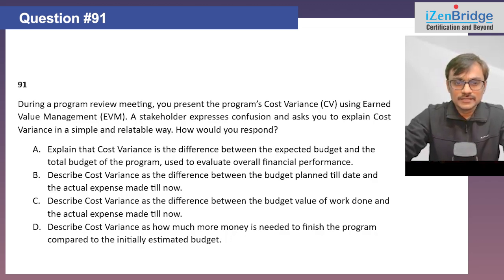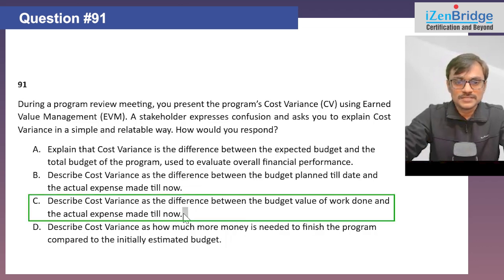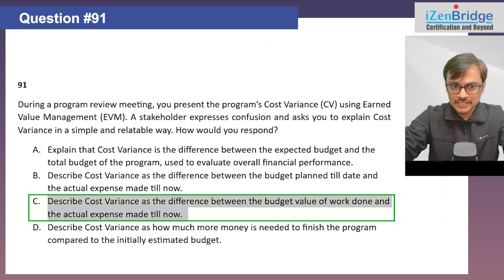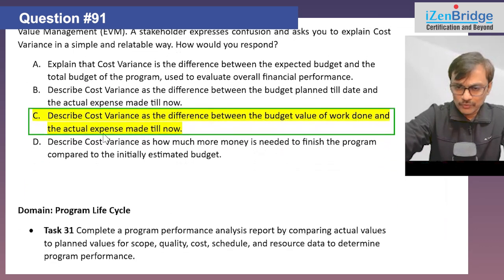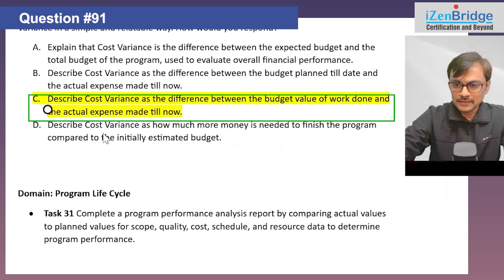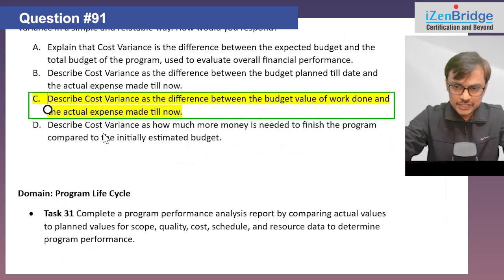So the options are very clear, and we can go with option C in this question because it simply helps explain cost variance in simple language for the stakeholders. This question can be mapped to explaining the performance analysis report by showing the actual versus planned value.